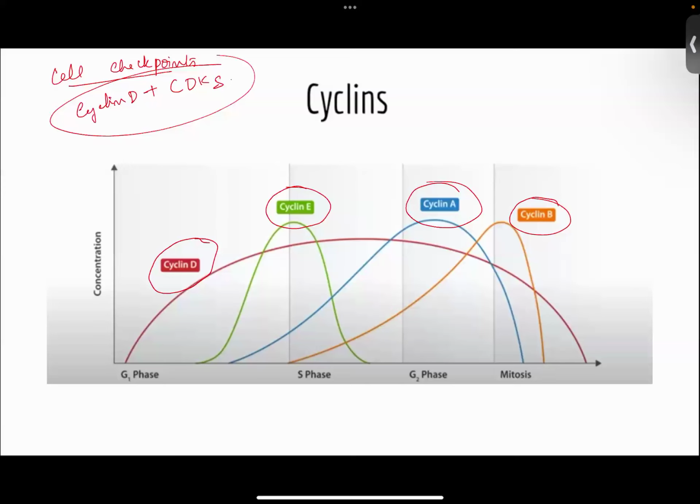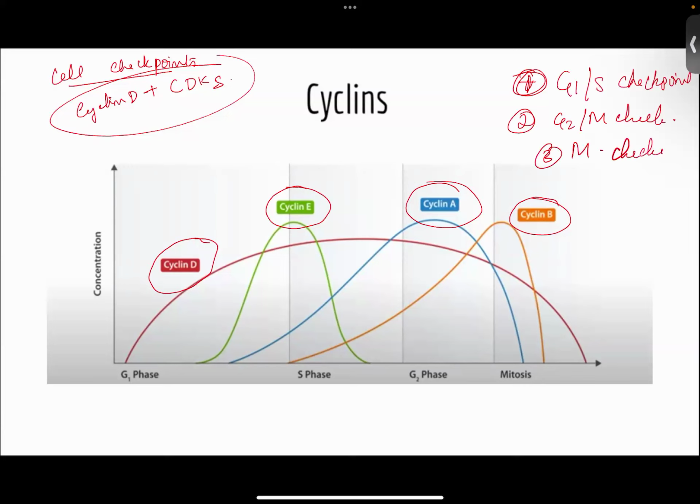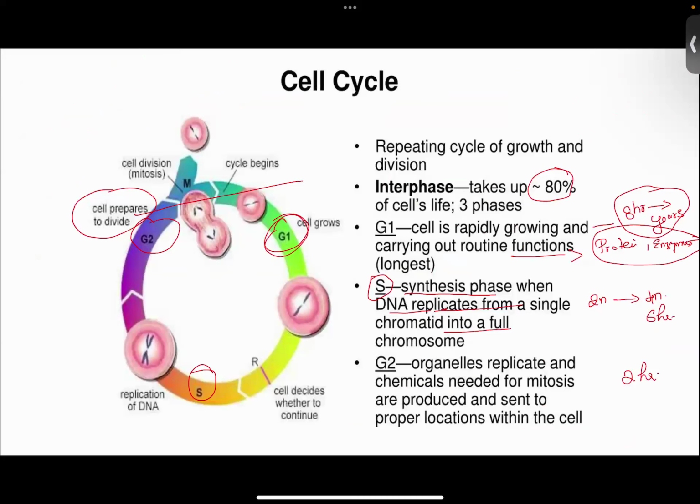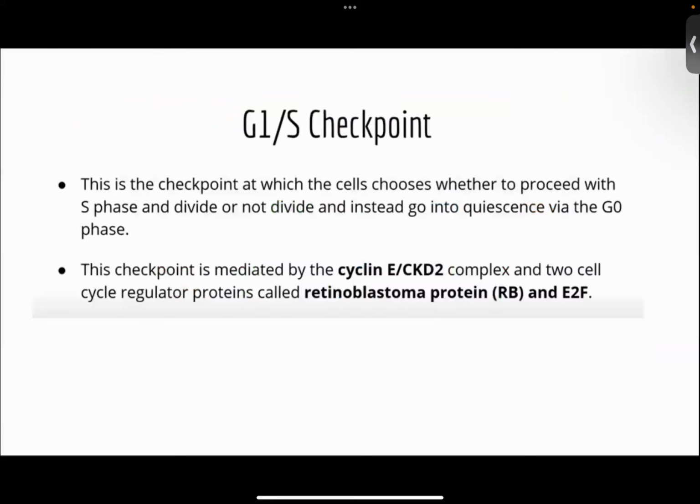Okay, so cell cycle checkpoints. There are a lot of checkpoints, but the very common ones are the G1S checkpoint, the G2M checkpoint, and the M checkpoint, or spindle checkpoint. Now, the G1S checkpoint is between G1 and S. It is very important, because it decides whether the progression should go to S phase or not.